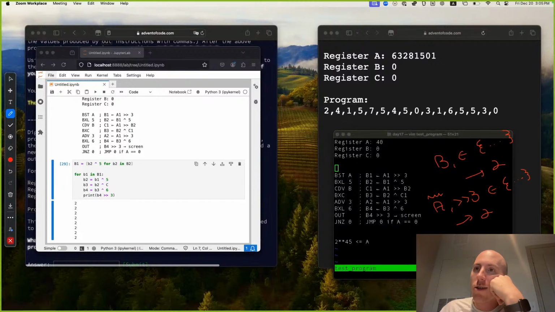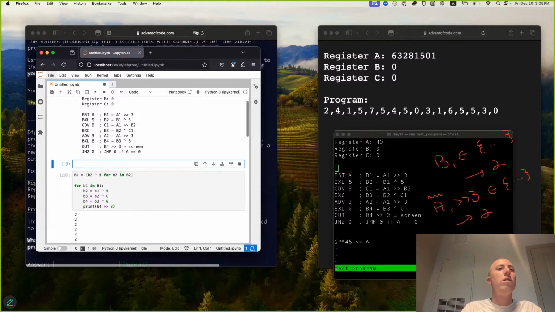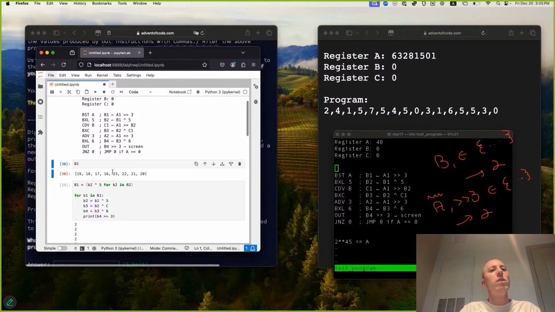And those are all the values of A that'll output a 2. So all the elements such that when you bit shift them by 3, you're going to get a 19. So how do you do that?